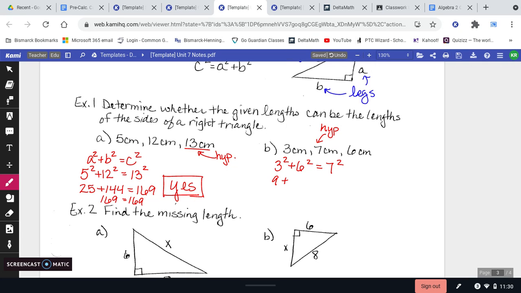So 9 plus 36 equals 49. Add that together, I get 45 equals 49. Well, of course, that's not a true statement. So no, these sides could not make a right triangle. They might make a triangle, maybe acute or obtuse, but it's not going to be a right triangle.